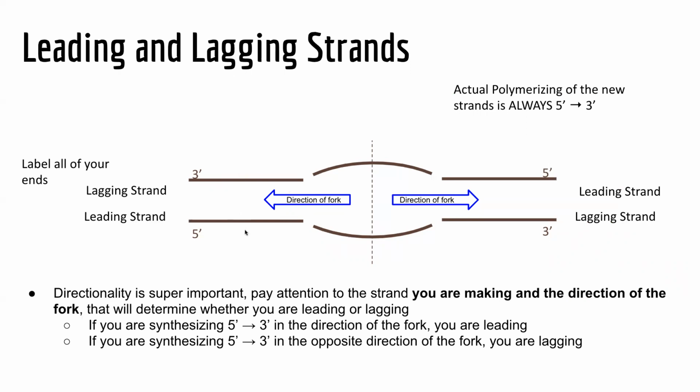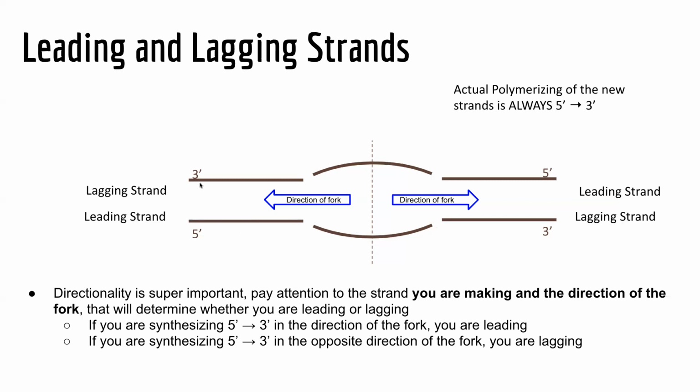These are the parent strands. If you're going in the 5' to 3' direction of the fork, then you're in a leading strand. Otherwise, it's a lagging strand. As you add on in this leading strand, for example, if this is 5' and this is 3', then this would be the 5' end of the strand that's going to be built, and this would be the 3' end, so it can add on continuously.